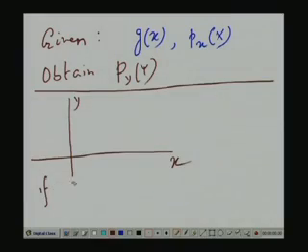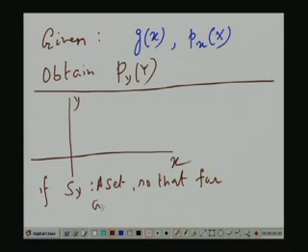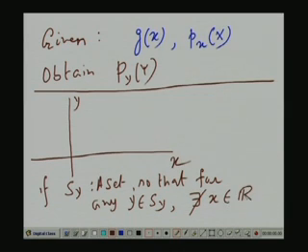So, let me write down formally: suppose there is a set S y such that for any y belonging to S y, there does not exist any x on the real line such that g of x equals y.